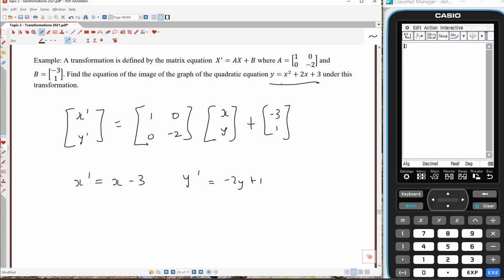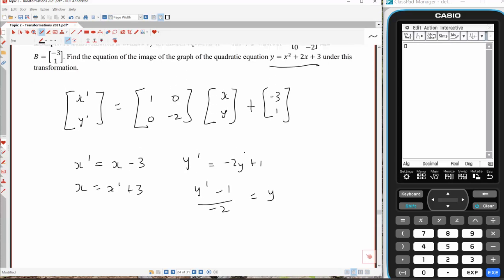Alright, here was my quadratic. I want to make x the subject and make y the subject. So x equals x dash plus 3, and y equals y dash take 1 over -2.